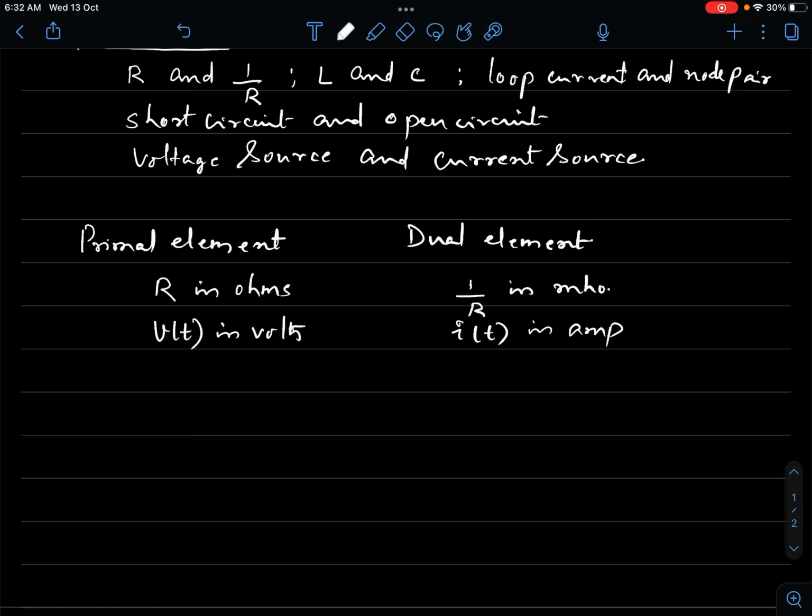Alright, if we have a loop or a mesh here, that results in a node pair, a pair of nodes. If there is a short circuit here, that results in an open circuit in the dual pair.